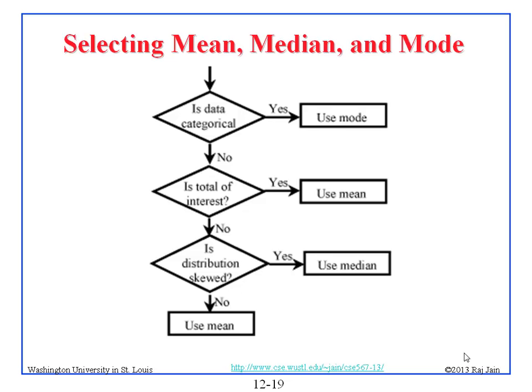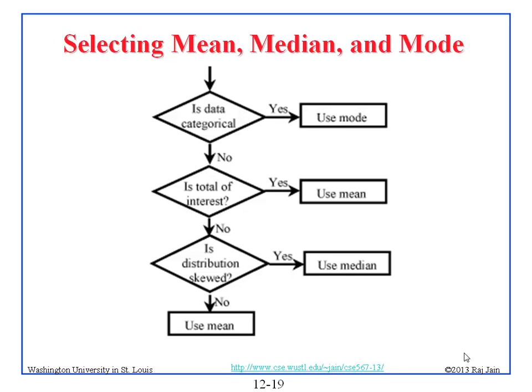Is the total of interest? The sum of these numbers, whatever numbers we have. Would somebody be interested in the sum of 1500 numbers? If yes, then mean is the right thing to do. Again, generally the right thing to do, with a qualification.